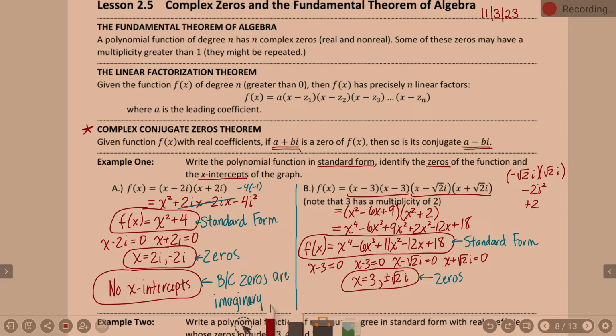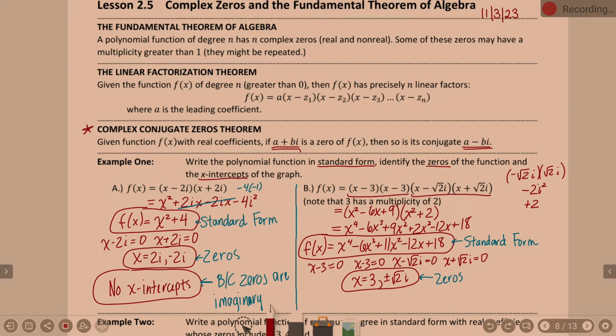Okay, lastly, x-intercepts. Can it cross through 3 twice? No, actually, what it will do is it will touch at 3. I don't know if you guys remember that or not. Oh yes. If the multiplicity is even, the graph is going to touch 3.